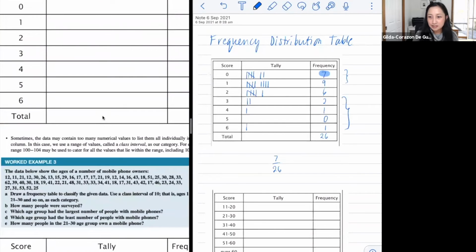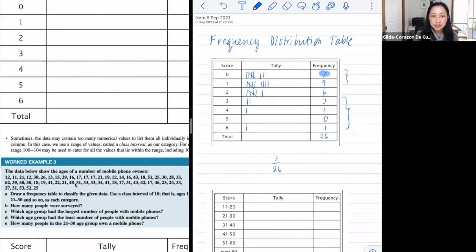What's different? Two digits? Yeah, so these ones were dealing with 2 digits. How else? There are more numbers, right? Not only more numbers, but what do you notice about the scores? What do you notice about the data that we've got here?